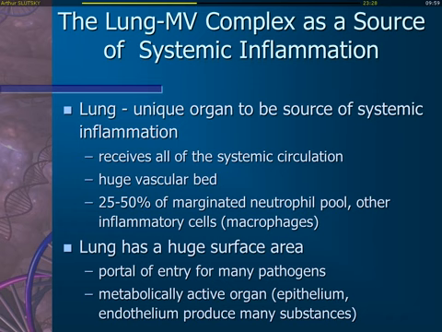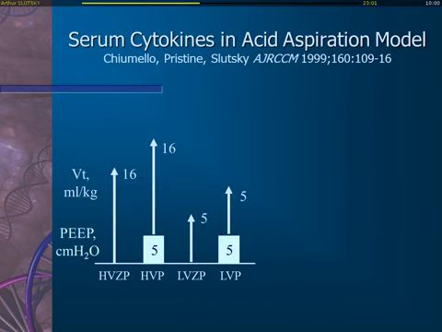But the lung also has a huge surface area, almost that of a tennis court, and many pathogens can enter. And it's a metabolically active organ. If you look at the epithelium and endothelium, those can produce lots of cytokines themselves. We thought that they were passive in the past, but they can produce lots of mediators, not just cytokines. So the lung is a sitting duck, if you like, to be a source of systemic inflammation.